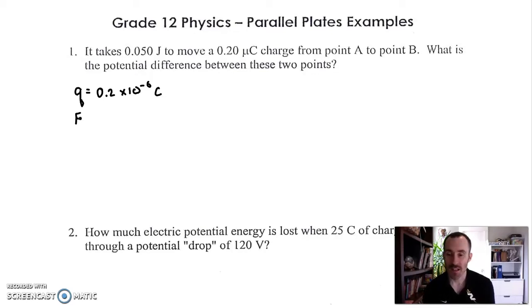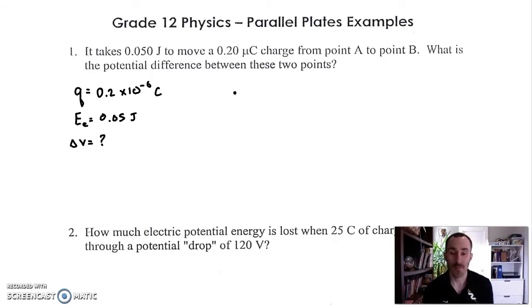We know that the electrical potential energy that was used was 0.05 joules. And it's asking us for what's the potential difference between those 2 points. So what's the voltage? Okay, Q, E sub E, and V.